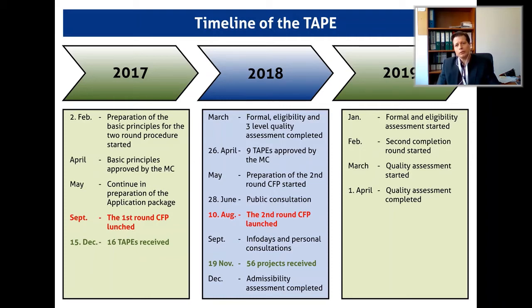We also ensured the possibility for all the beneficiaries to join project consultation meetings in order to have really quality projects. Since the second round was rather a common project development between the beneficiaries and the JS, the quality assessment for the second round was fully undertaken by the JS.